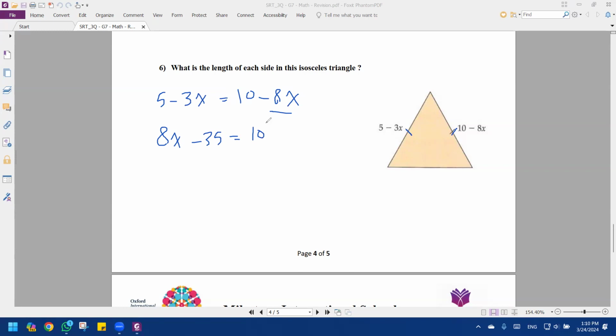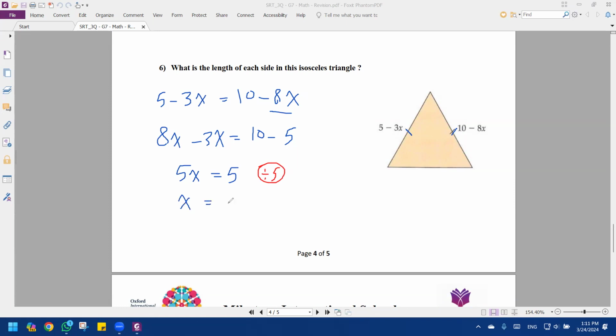Let's bring 5 to the right side, will be minus 5. Sorry, this is not 35, this is 3x. Simplify 8x minus 3x, 5x, equal to 10 minus 5, 5. Now I need x to be alone, so I divide by 5.